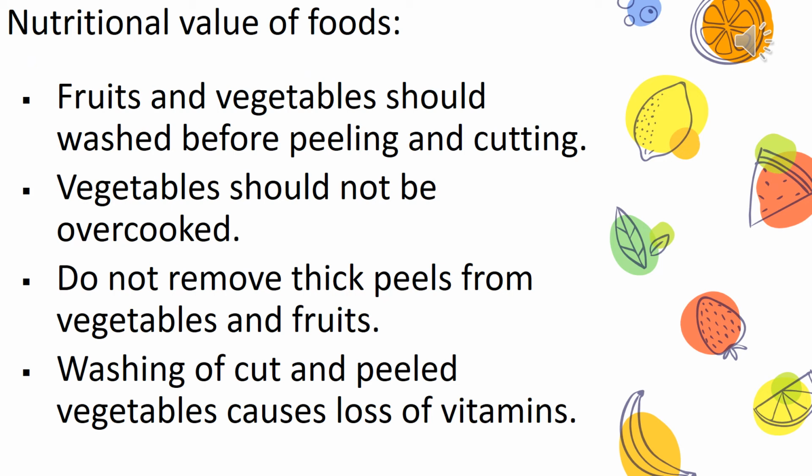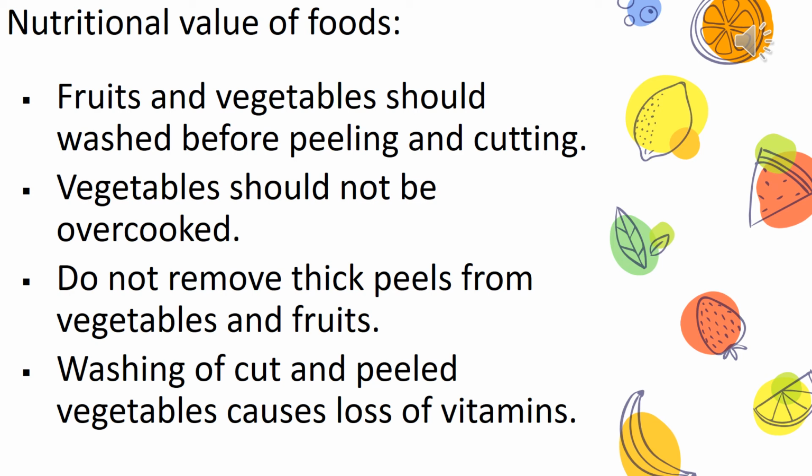Let's see the nutritional value of foods. Sometimes improper cooking methods destroy the nutrients present in foods. This lowers their nutritional value. So let's see what should not be practiced and what should be practiced while cooking the food.